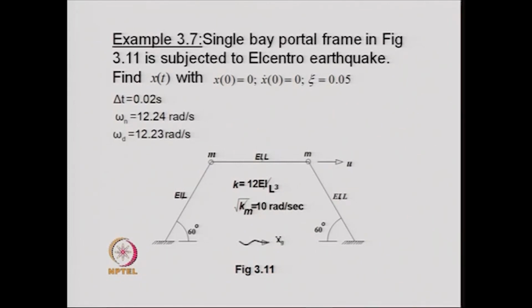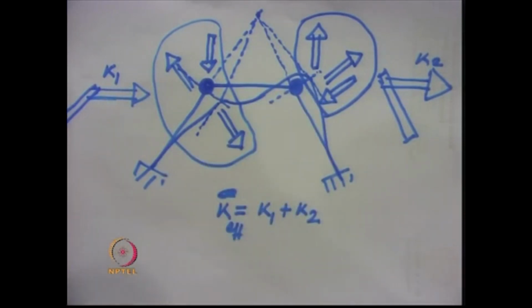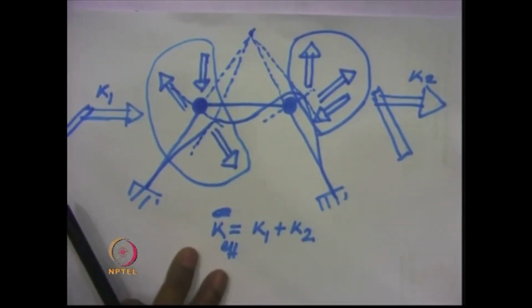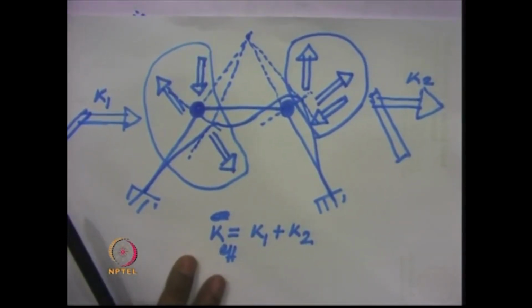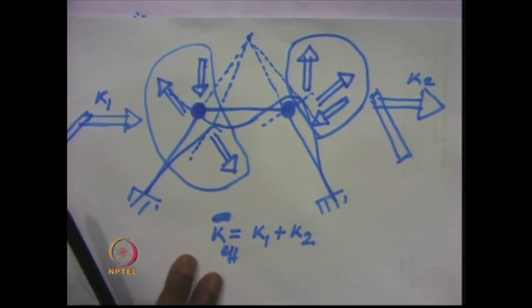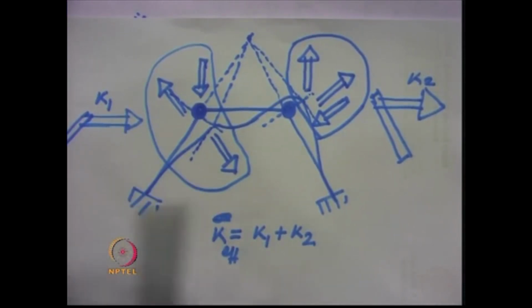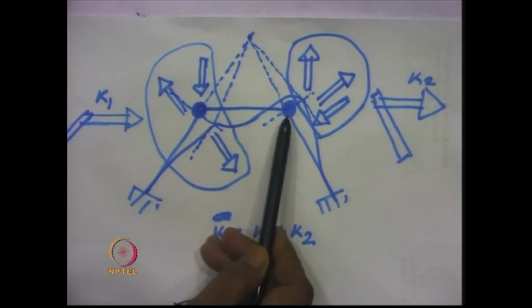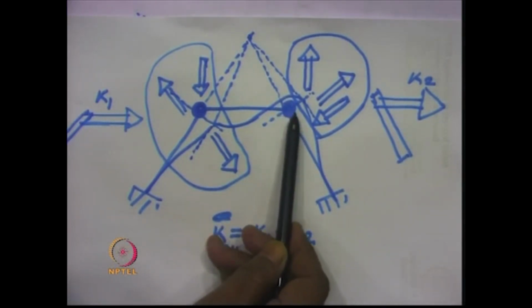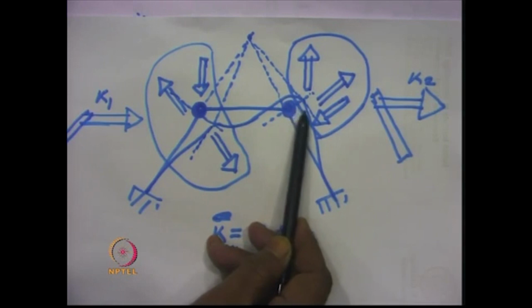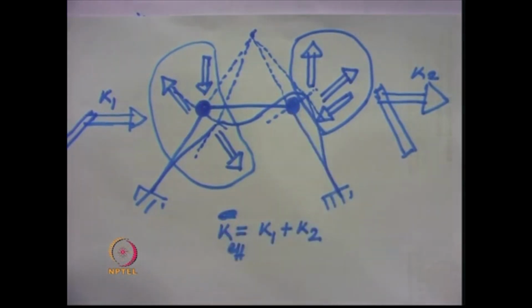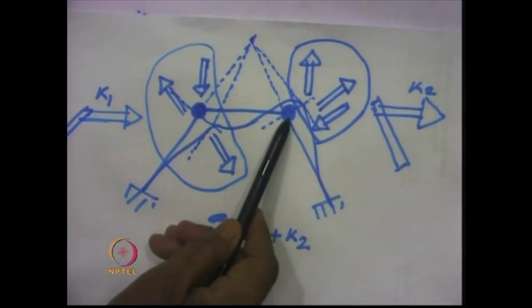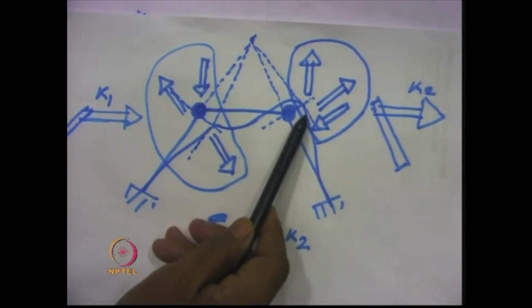In order to obtain the stiffness corresponding to this degree of freedom, let us try to recapitulate how we can find out the stiffness of the system. We are interested in obtaining the force required to produce unit horizontal displacement over here.